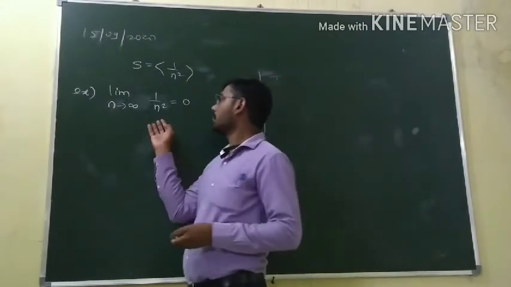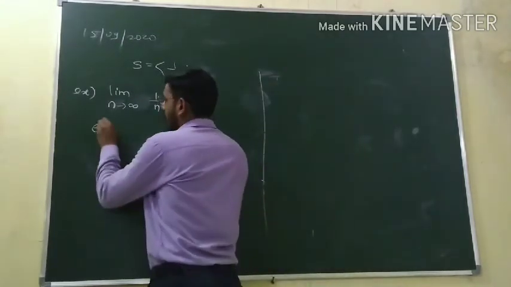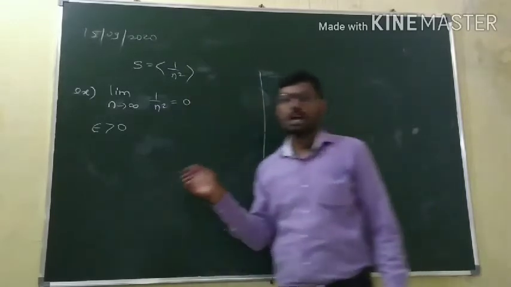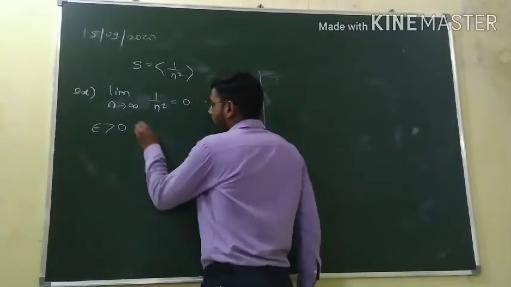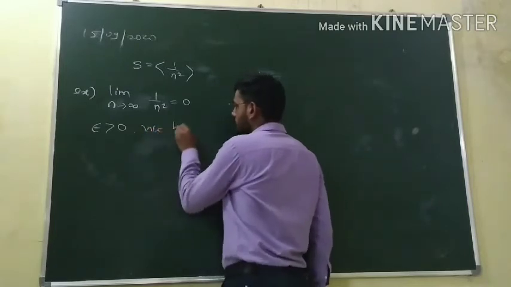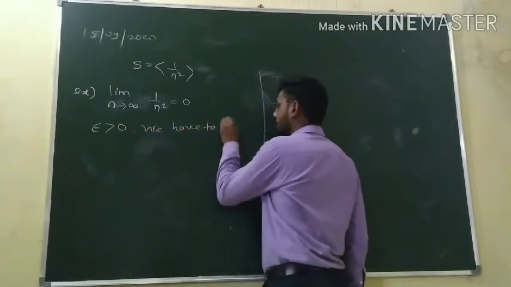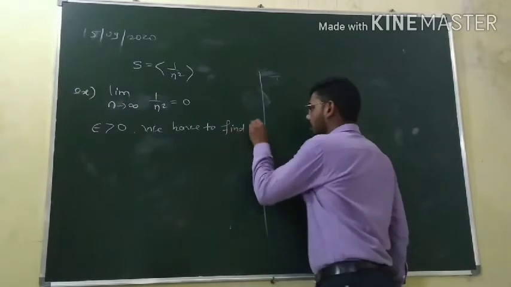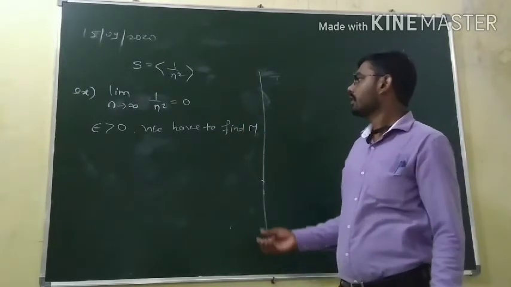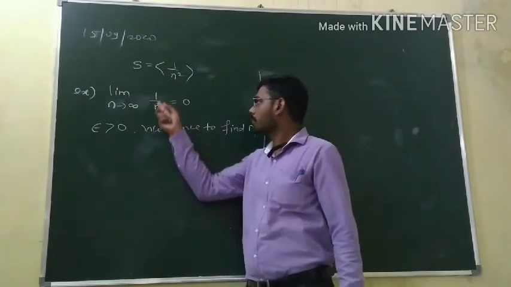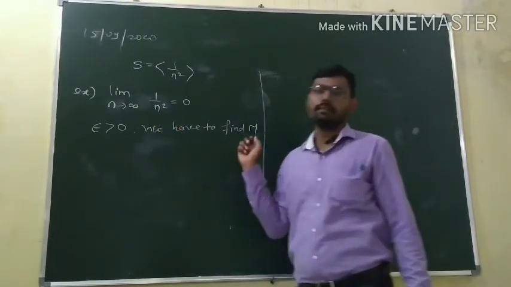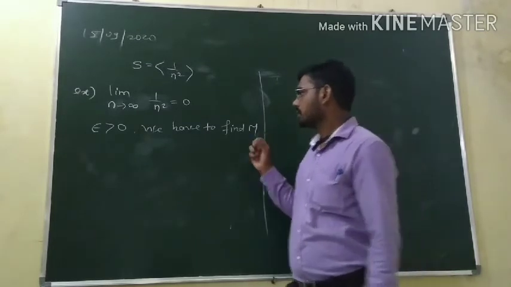For that purpose, let epsilon greater than 0 be any arbitrary small positive number. So here we have to find m such that whenever n is greater than m, the difference between 1 by n square and 0 becomes less than epsilon.